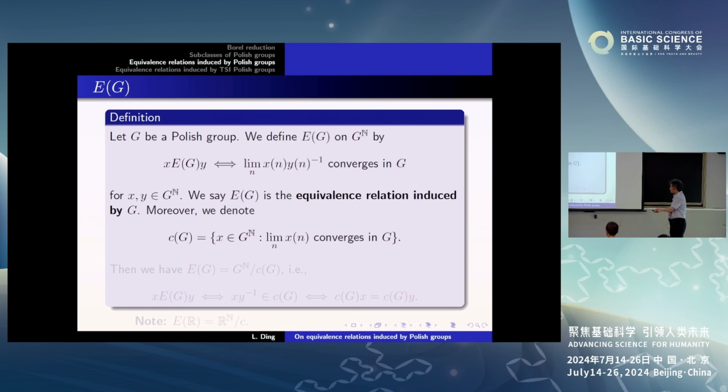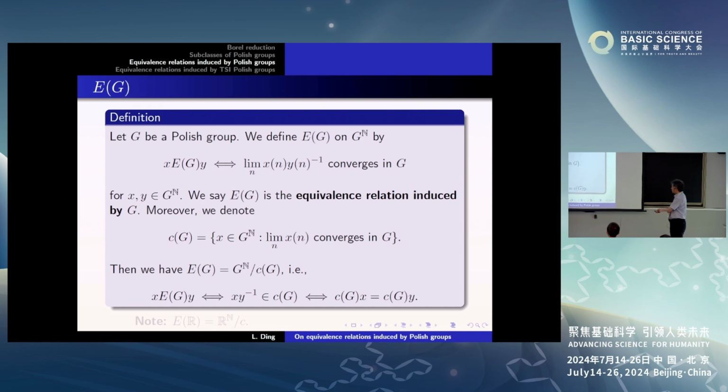We can denote CG as the subgroup of G^N of all X such that Xn converges in G. If G is a Polish group, we can prove that CG is also a Polish group. Then the equivalence relation EG is G^N over CG.